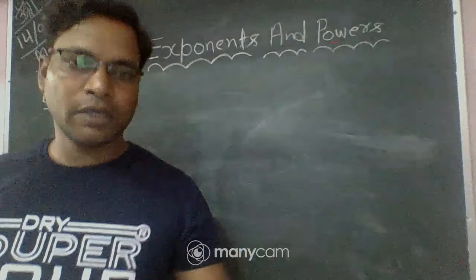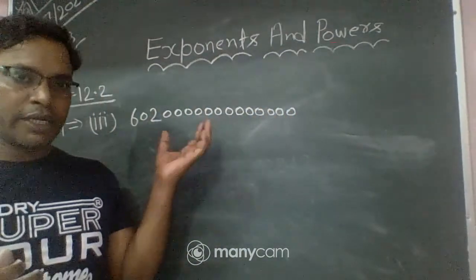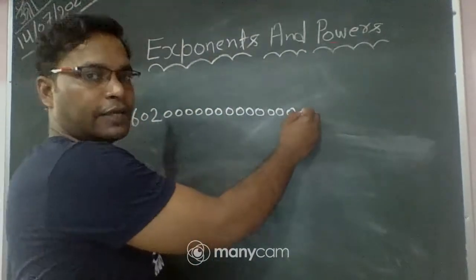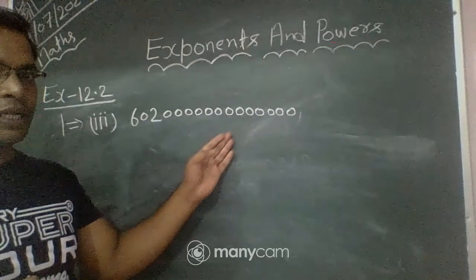This is a very large number, and you write it in standard form. Here you can see there is no decimal point in such numbers. The decimal is here at the last.